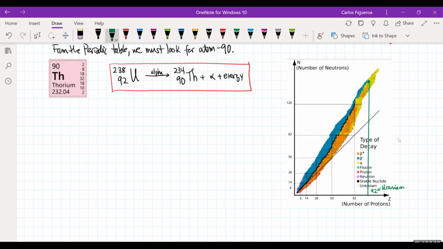Now I need thorium. Well, thorium is closer to the black line of stability. So let's say that it's right here. And we're going to say that this is 90, and that this is thorium.